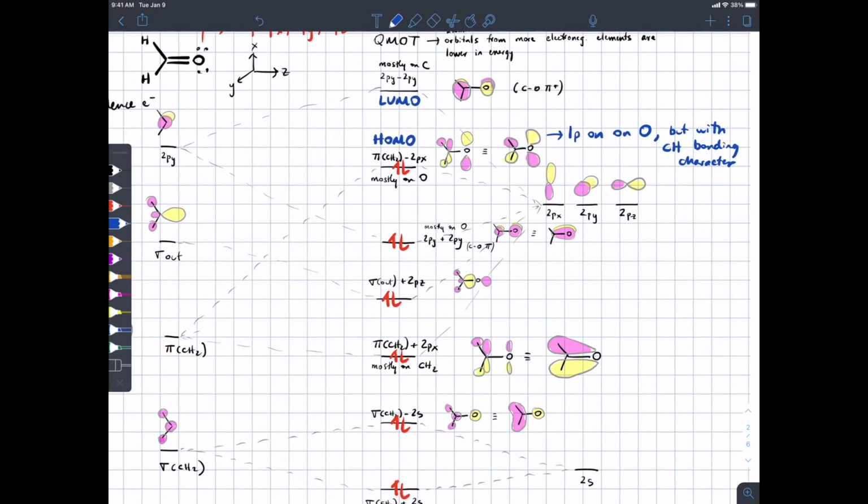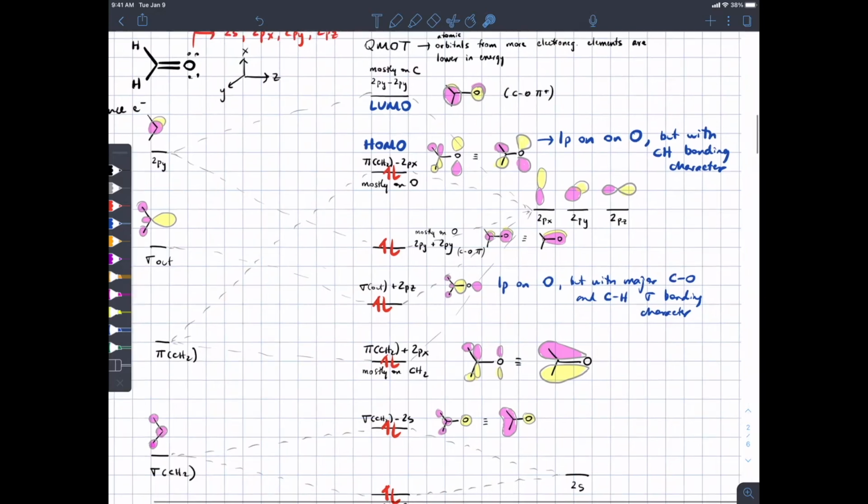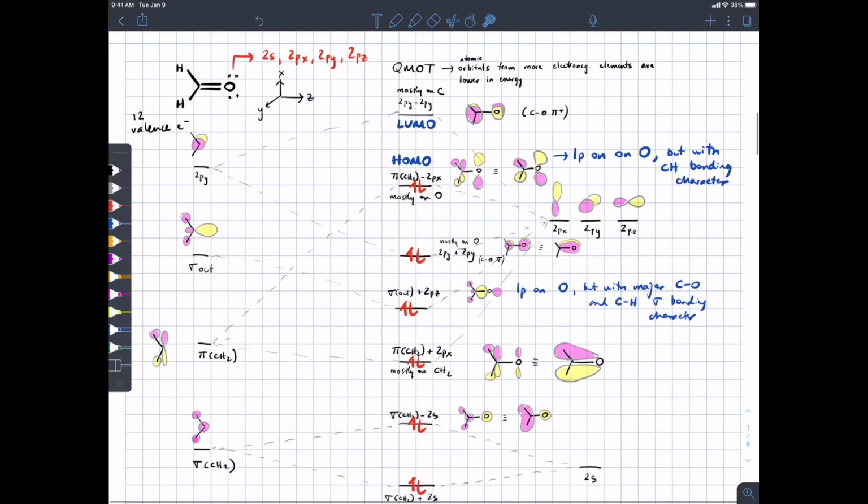So we might call this one also a lone pair on oxygen, but with major CO and CH sigma bonding character. So effectively, what MO theory tells us is that you have two different lone pairs on oxygen. You have one that's higher in energy, one that's lower in energy.